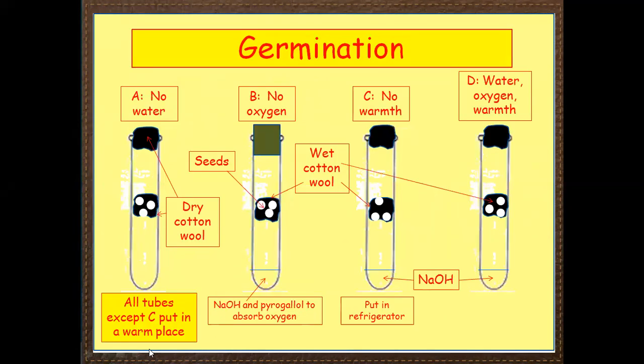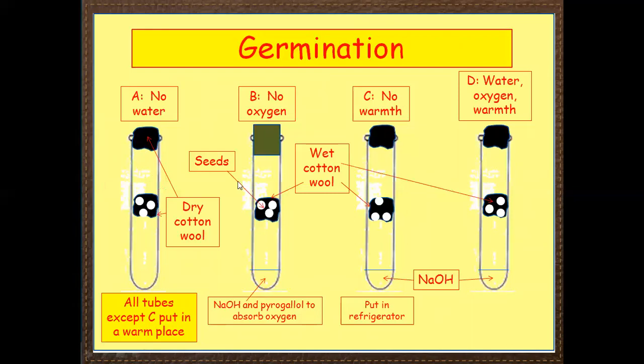Now you can see here, this is just an experiment. Let's suppose we take some seeds and put them on dry cotton, and there is no water. We know water is necessary for seed germination, so these seeds will not germinate.